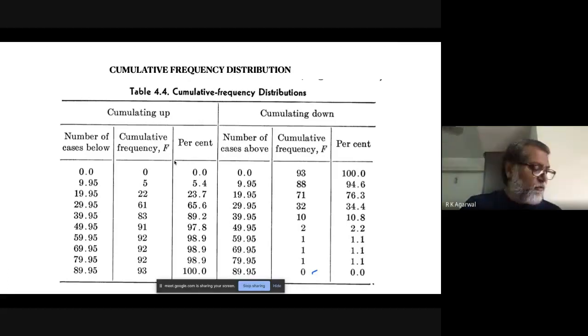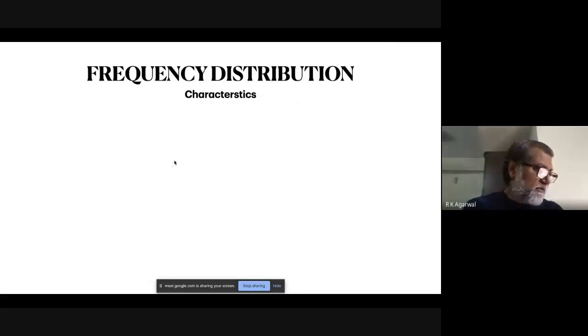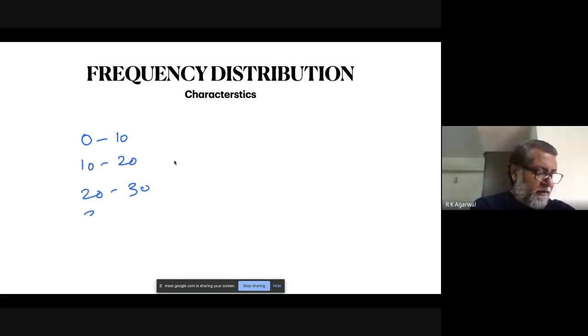Let me give you one simple example. You have 0 to 10, 10 to 20, 20 to 30, 30 to 40, 40 to 50.